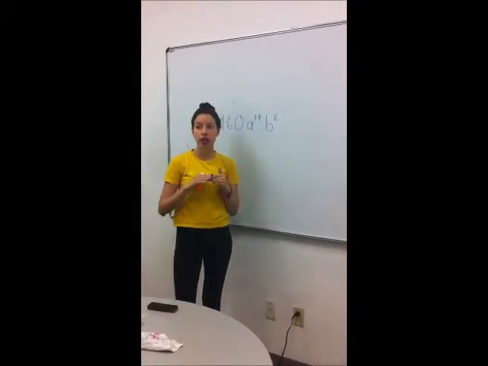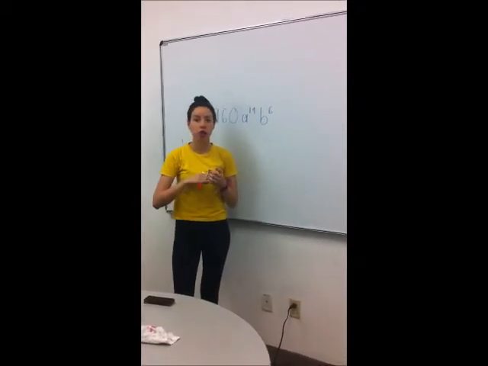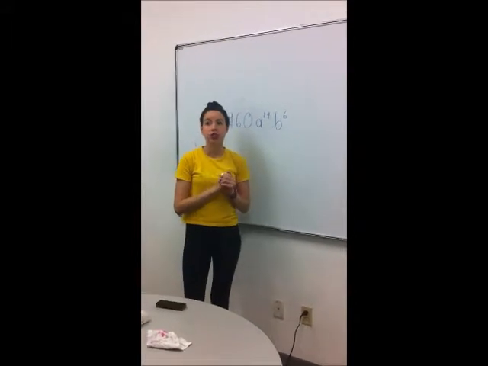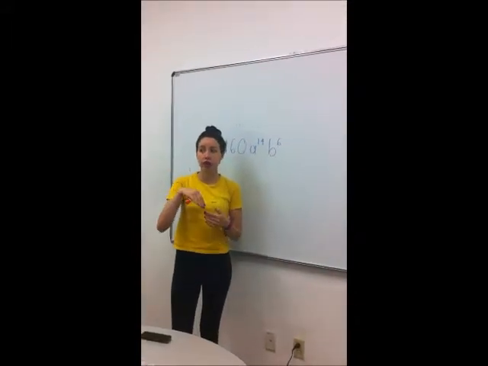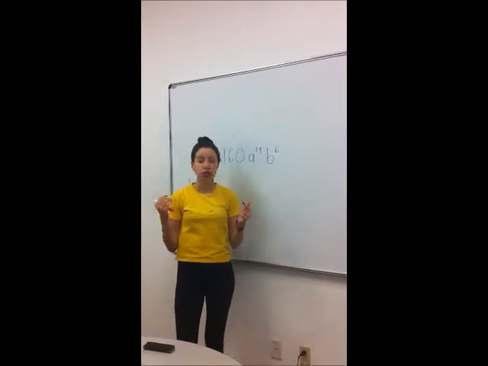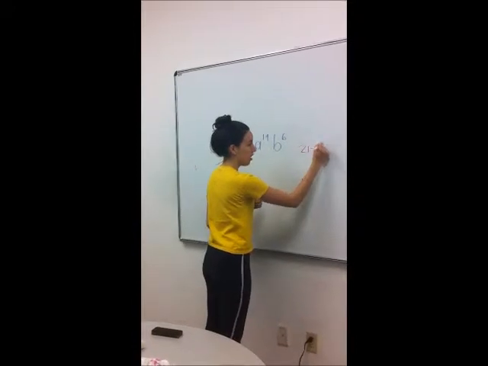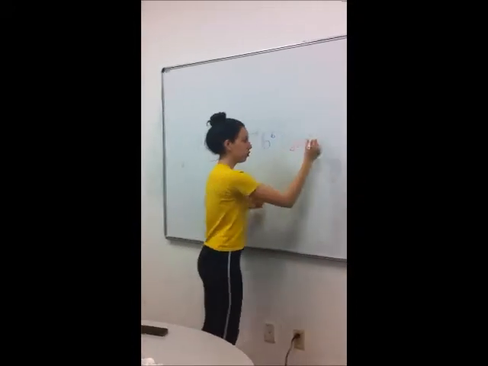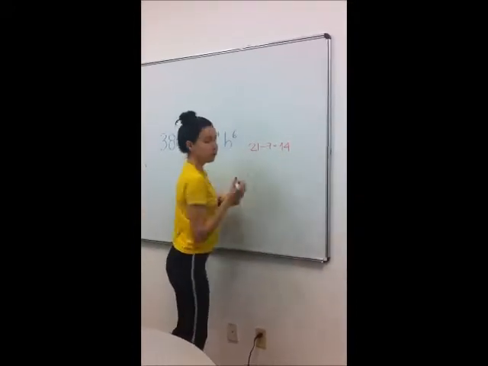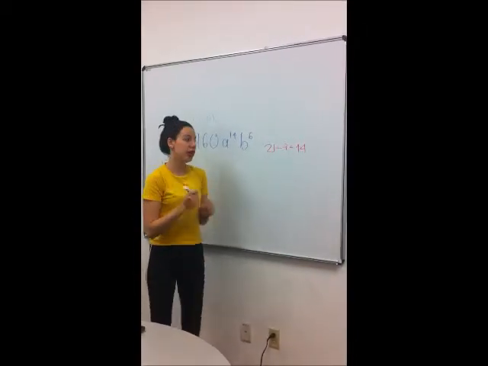That is to say, if for the variable a you start with the number 21 and the term is decreasing, you have to subtract the number 7. That is 21 minus 7, which is equal to 14. So at the moment we know that the exponent of a is 14.